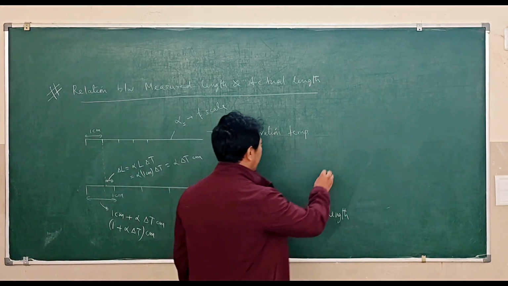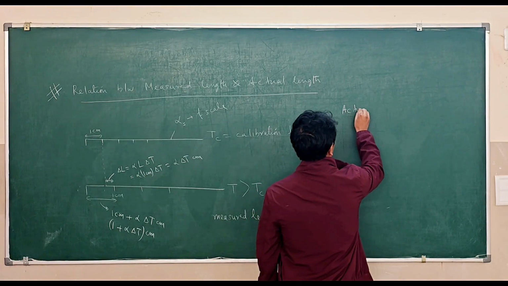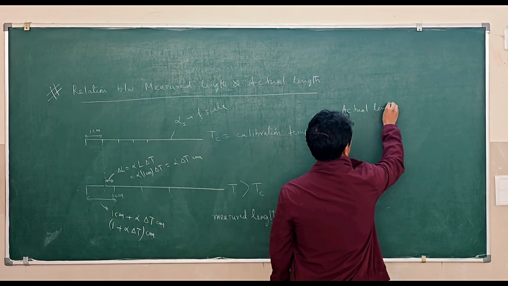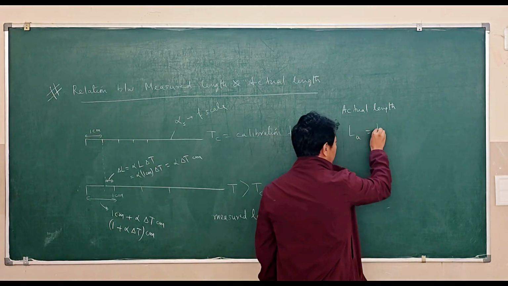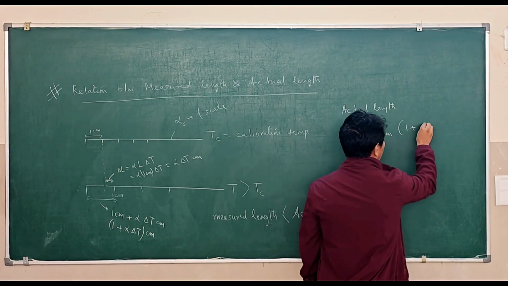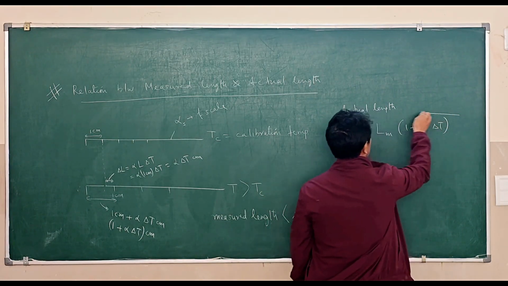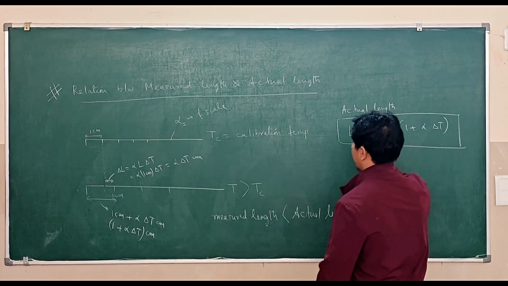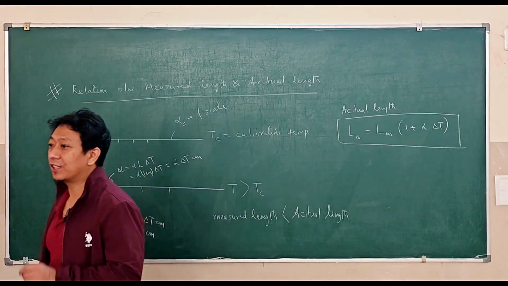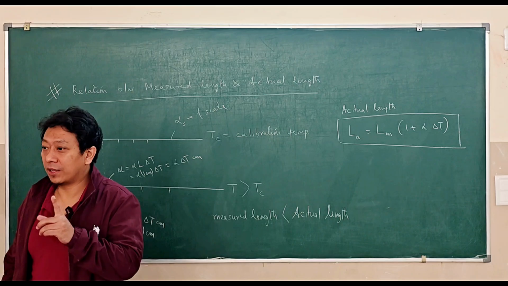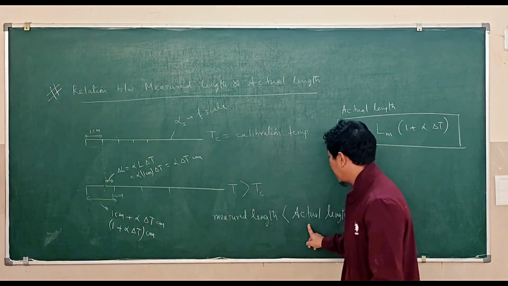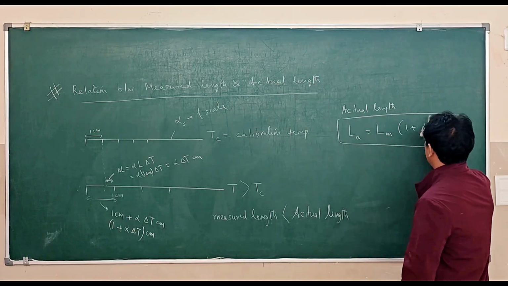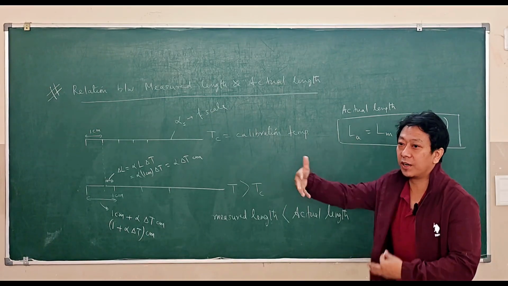So the actual length will be the measured length into 1 plus alpha delta T. So this is the formula between measured length and actual length. Guys, understood? Best way to remember is what? Since actual length is more, multiply with this, then only more you will get.